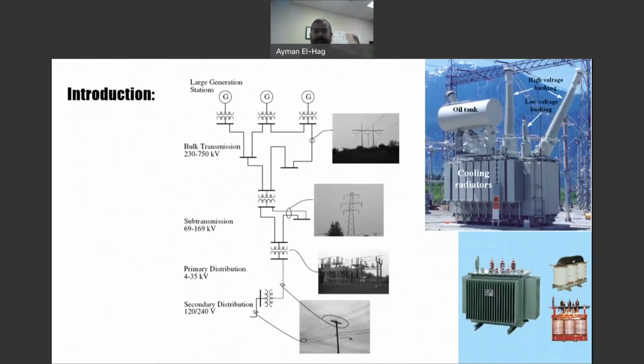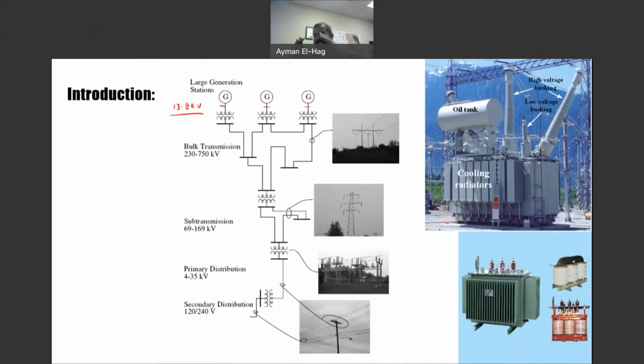We connect them when we generate the power, and the reason is that they step up the voltage. Usually we generate the power from the generators at around, let's say, 13.8 kilovolt.